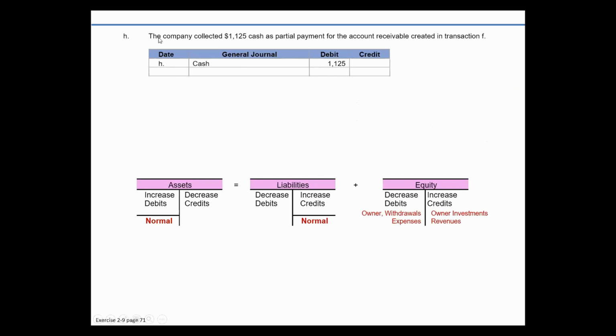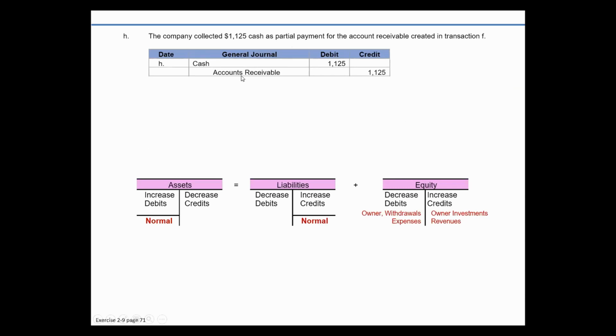The company collected $1,125 cash as partial payment of account for the accounts receivable that we talked about in transaction F. So we see here then that cash would be debited $1,125 because we're adding cash. Again, cash is an asset, increases with a debit.